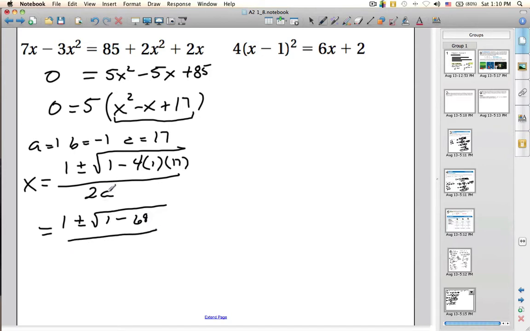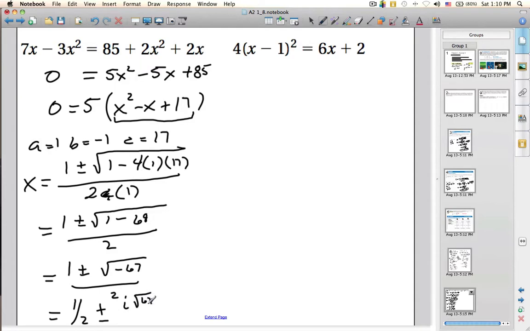All over, sorry, 2a, I wrote 2a up here, but a is 1, so this would be over 2. So I'll have 1 plus and minus the square root of -67 over 2. So when I finally simplify, this is going to be 1/2 plus and minus i root 67 over 2. Okay, so this is my solution right here.